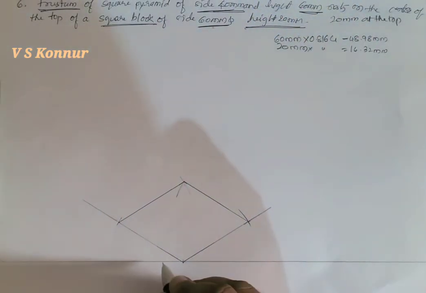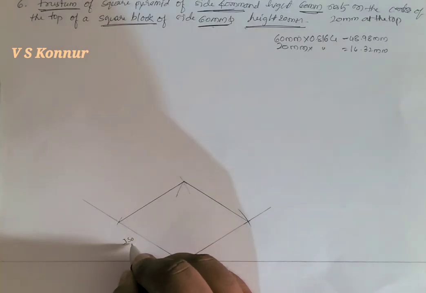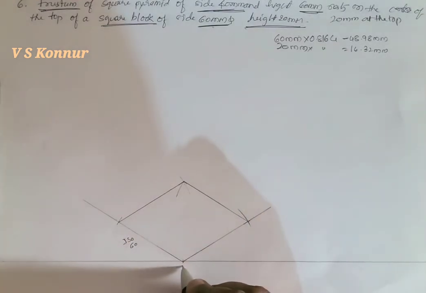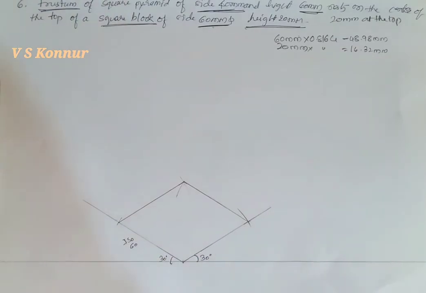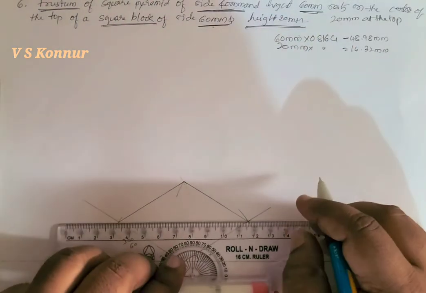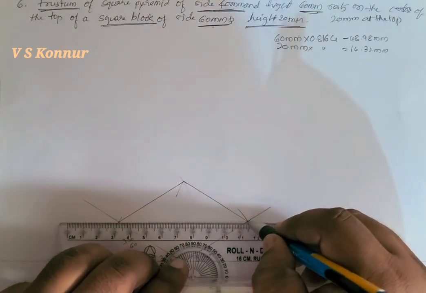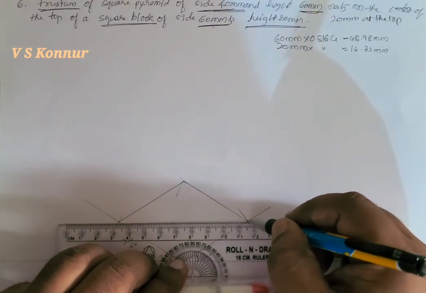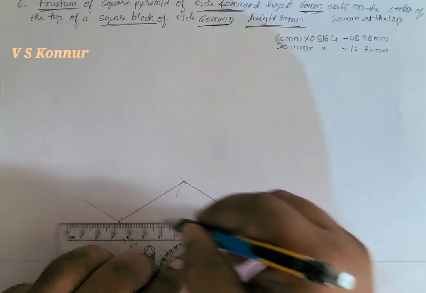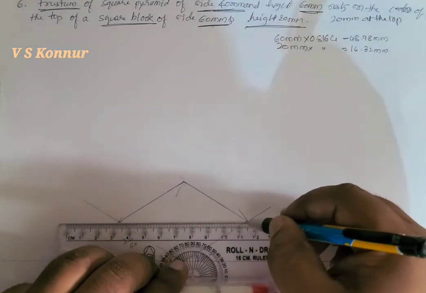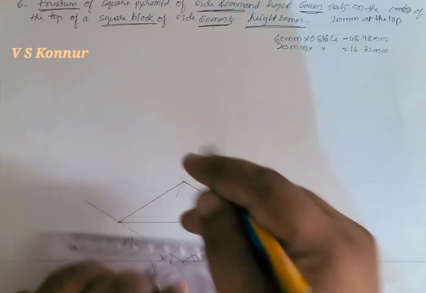Now we got the isometric 60. This is the point where we've taken 30 degrees on either side. Now we'll join the corners horizontally and vertically to get the center, with a thin line.